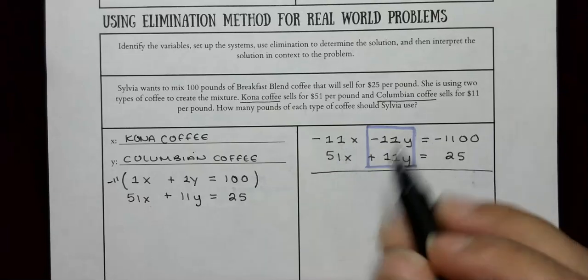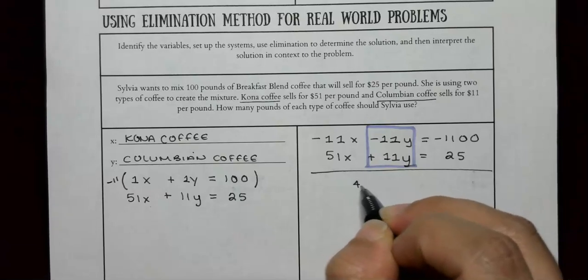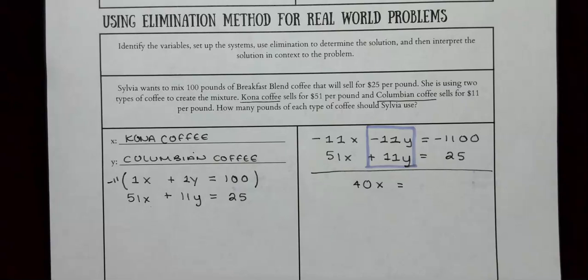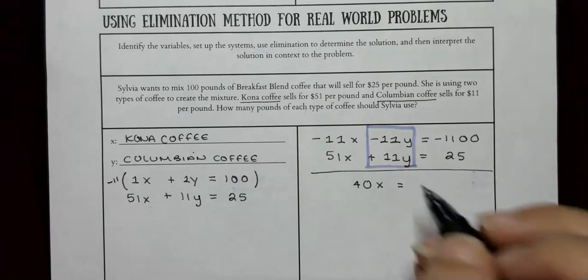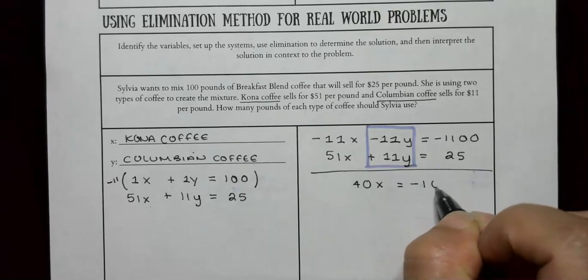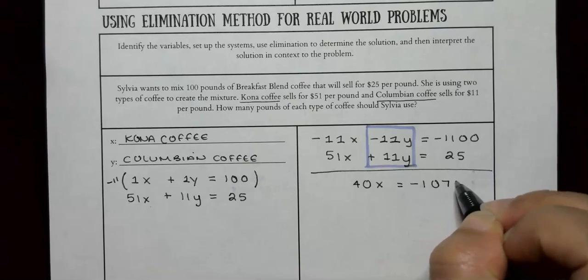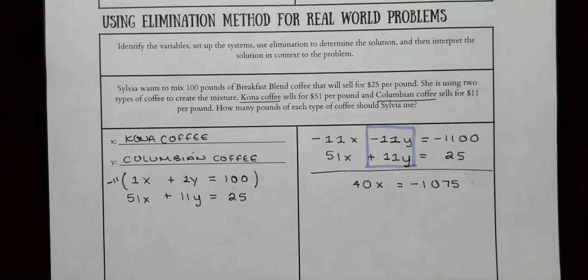This one right here is going to give us a positive 40x is equal to negative 1,100 plus 25, which is going to give us negative 1,075.